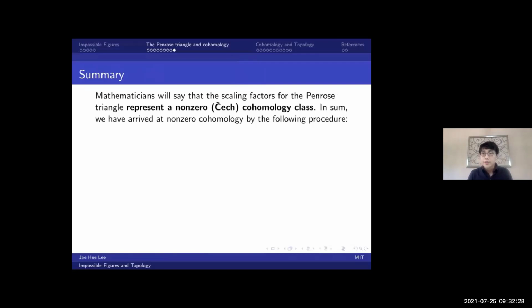So if I just make a short summary of what we did in this example, it's the following. We've first decomposed our original two-dimensional figure into 3 local pieces, in which each piece looks like a perfectly consistent projected image of a 3D object.